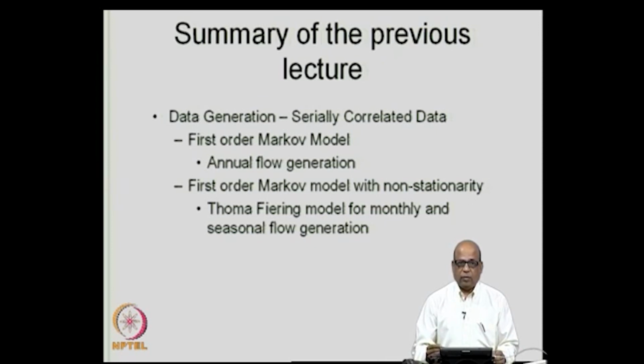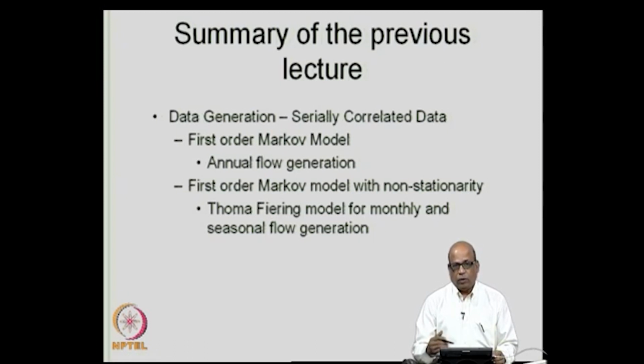In the applications the negative values are set to 0. If you are using the sequence generated using the Thomas Fiering model in, let us say, simulation of reservoir operation, at the time of application you set the negative values to 0, but while using the generating model itself you keep the negative values to generate the next values.